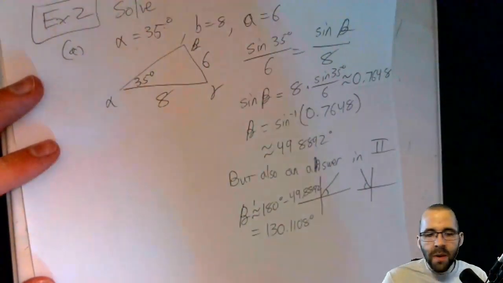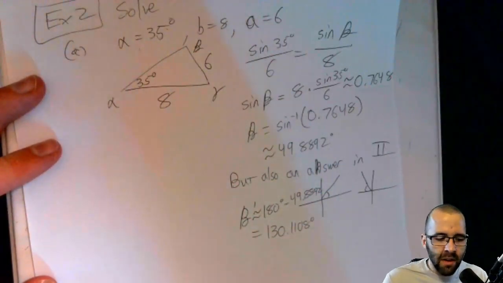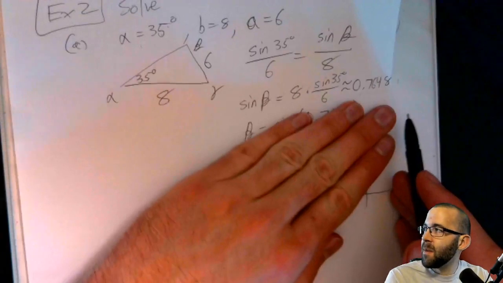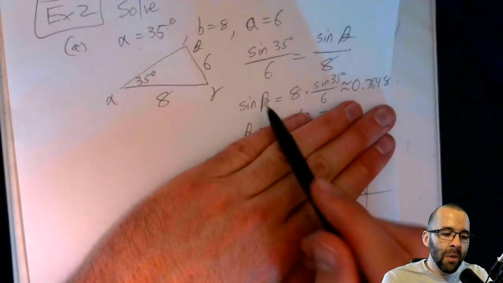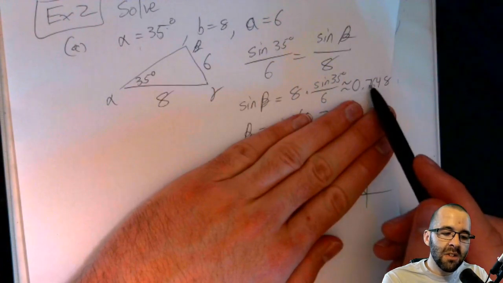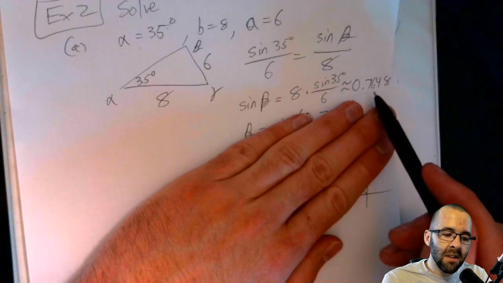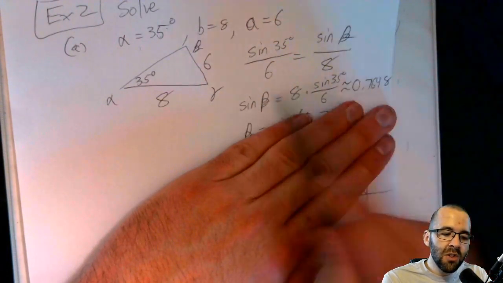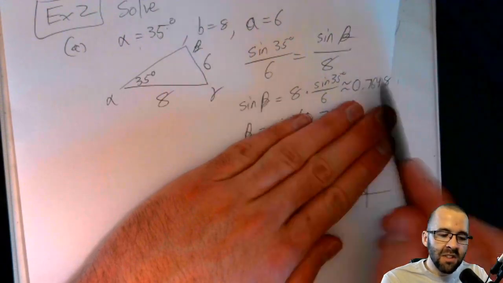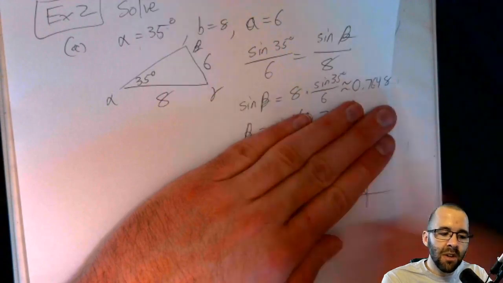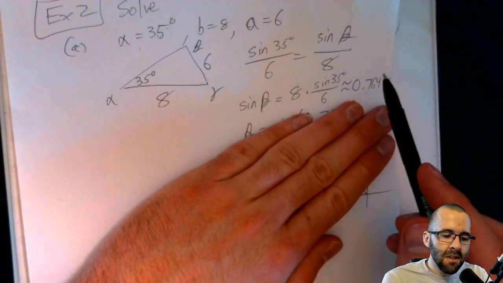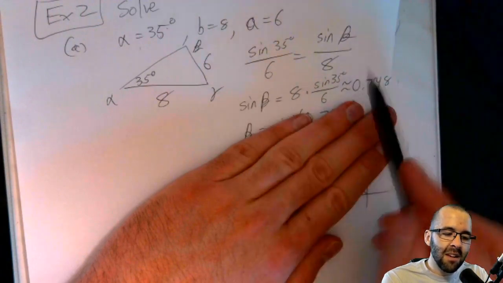So again, before we move on, I just really want to recap what's going on here. Let's cover this up and pretend it doesn't exist. We know that the sine of beta is equal to this ratio, this answer. But there are two solutions to this equation that make sense. Remember in 9.5, we said there's infinitely many solutions to most trigonometric equations. So there's two answers that make sense here.